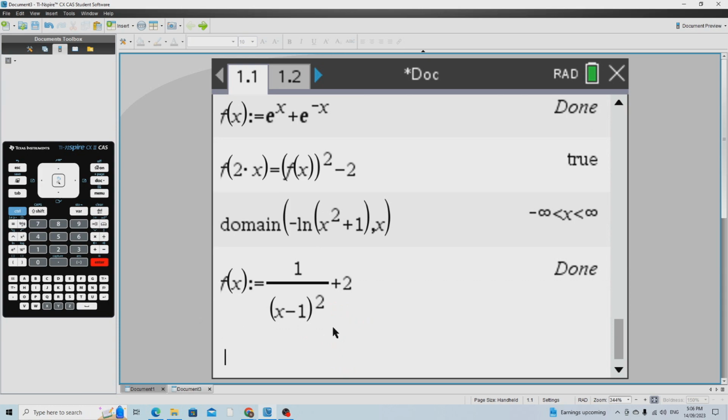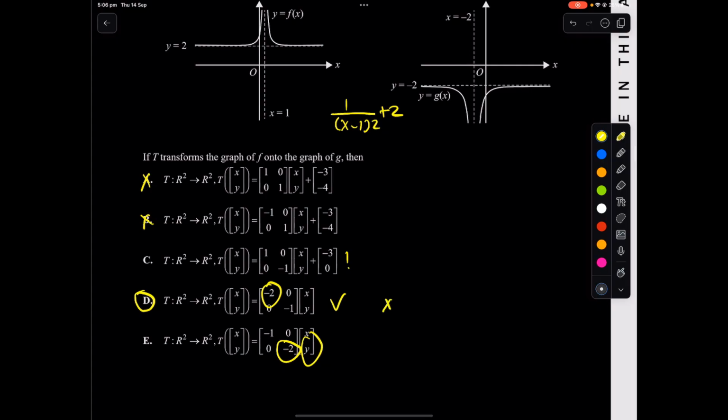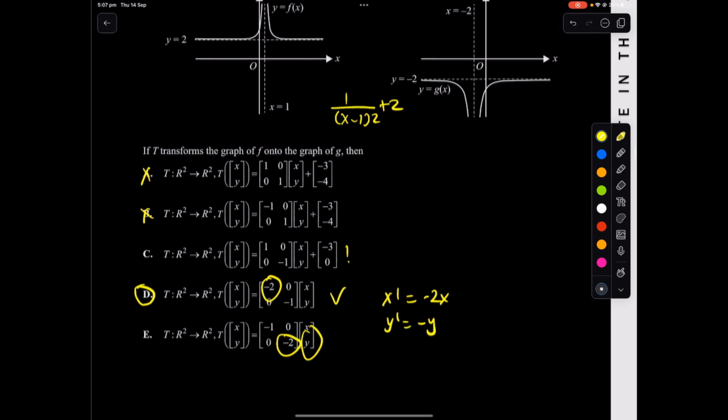Okay, and let's try to do D. So we said x' = -2x, y' = -y. So x' = -2x, so x = -x'/2, and -y' = y.